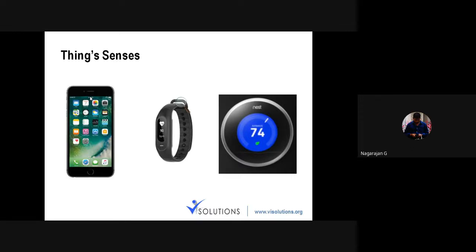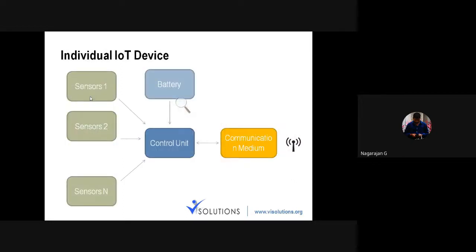If it is a smart watch, you can transfer the information to the doctor, where you can have a health monitoring system. So this is how things started to sense, and how you can build individual IoT devices.